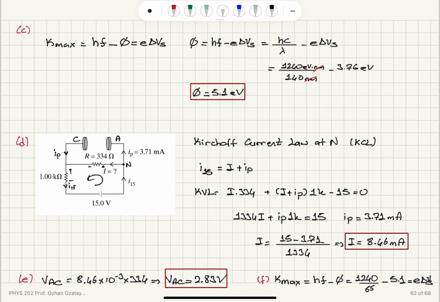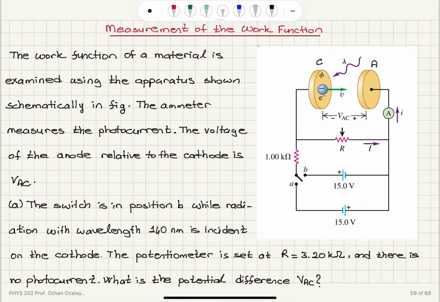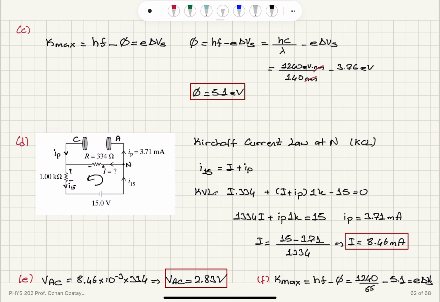And Kirchhoff's Voltage Law tells us that if you follow this path here, I times 334, plus I times 1.2K, minus 15 gives us 0. So this gives us a current of 8.46 milliamps if we substitute for I15, I plus IP here. So it's 8.46 milliamps for this convention, but if you look at this convention, it's actually minus 8.46 milliamps, but as long as we show our convention here, that doesn't matter.